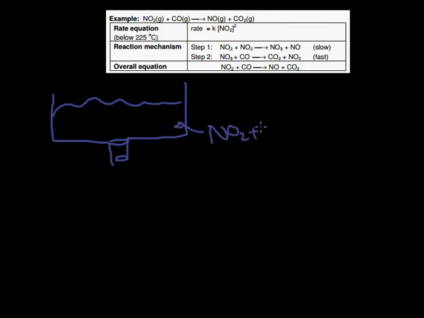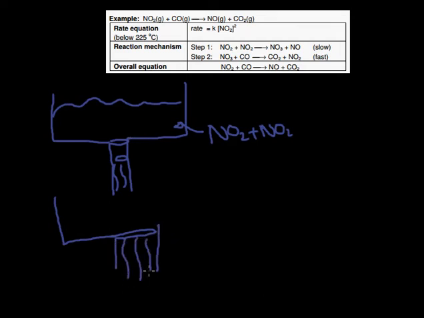So in this case, what actually happens, right? Step 1 can be modeled as this little tap here. In this reservoir, it's NO2 plus NO2, right? After that, the products flow out. Whatever flows out goes through a second step, and then it flows out here.